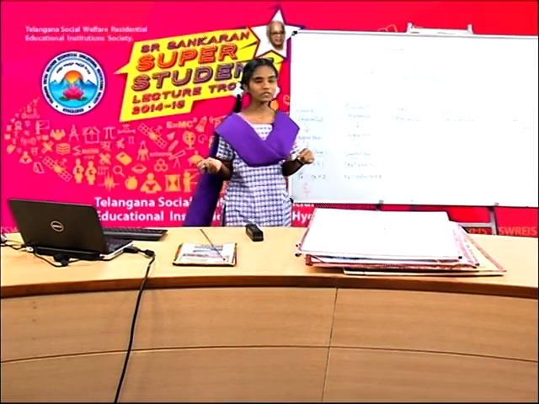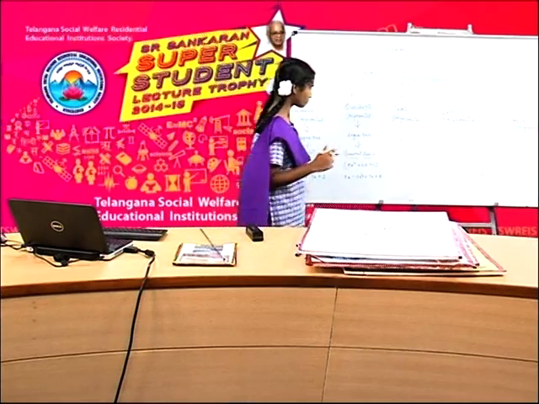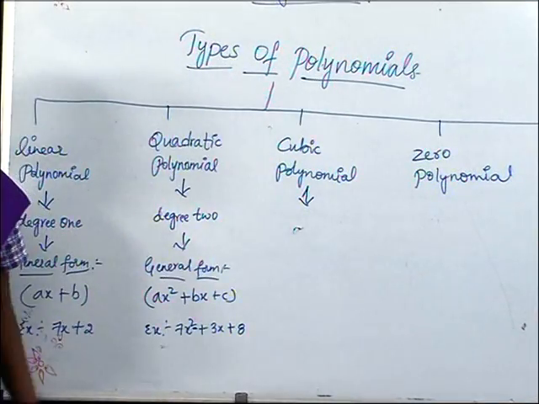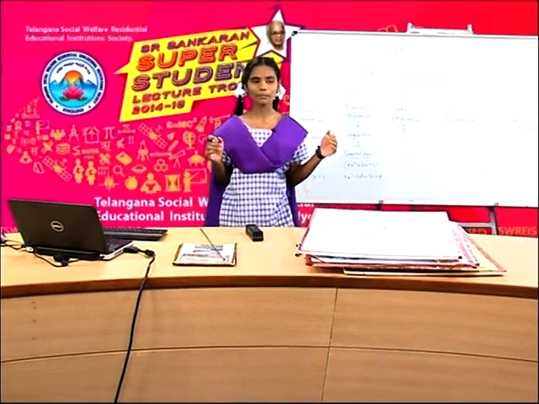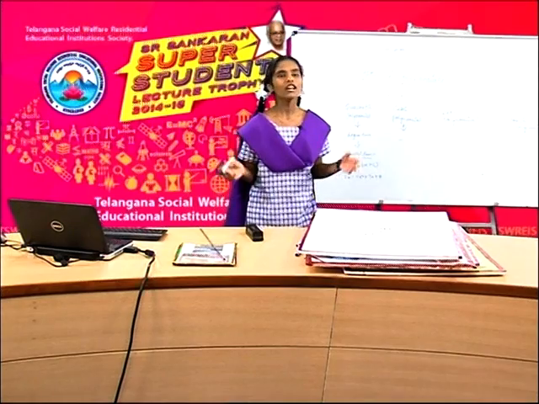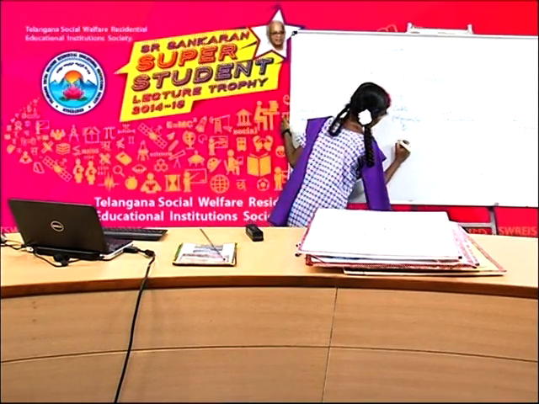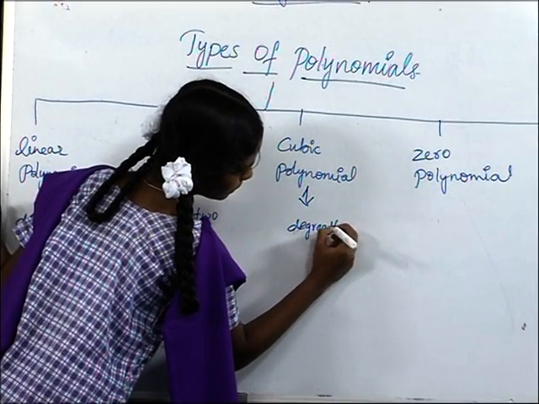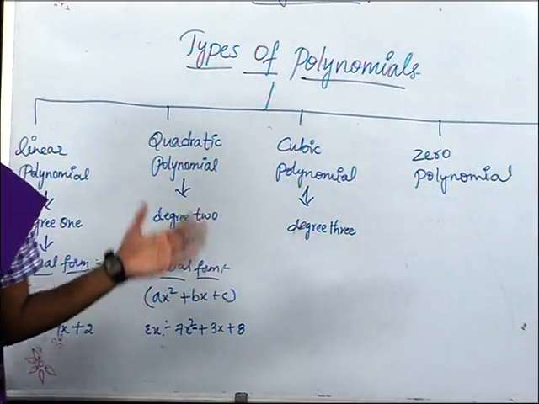Friends, now we are going to discuss cubic polynomial. A polynomial whose degree is 3 is called a cubic polynomial.